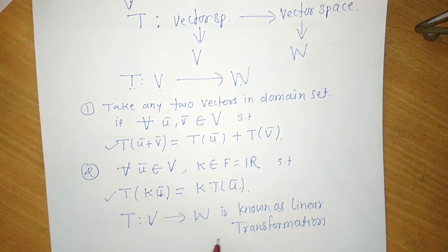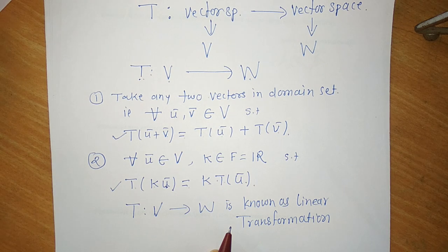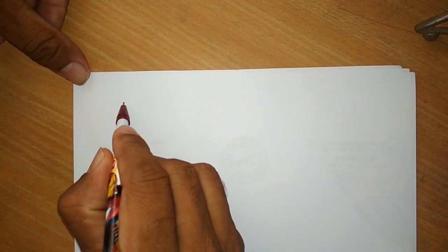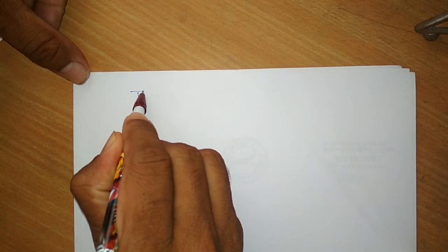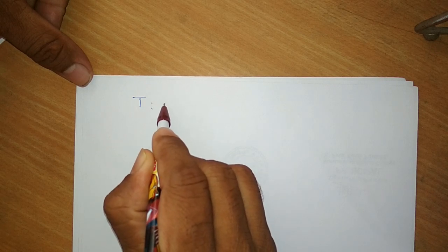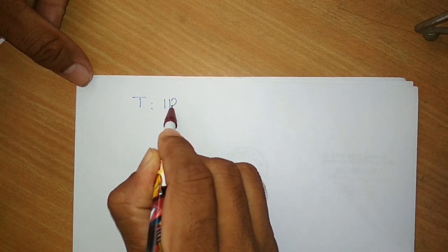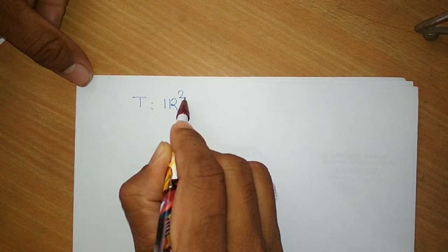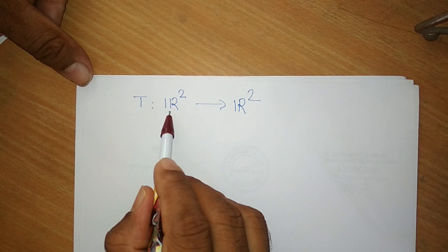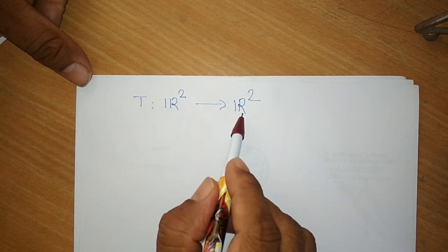Let us consider an example. Suppose T is a function from R2 to R2, so the domain is a two-dimensional vector space and the codomain is also a two-dimensional vector space.